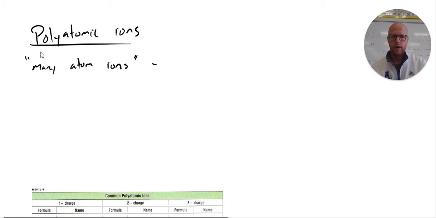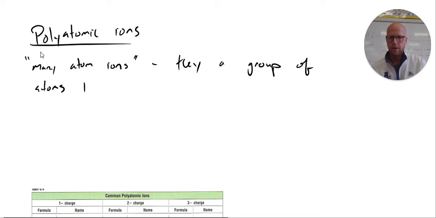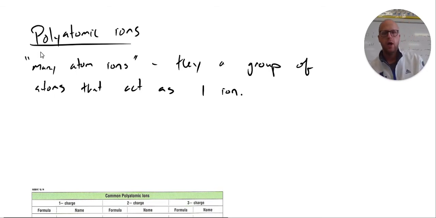Or they are a group of atoms that act as one ion. In other words, there's multiple atoms together that are acting together as one thing.